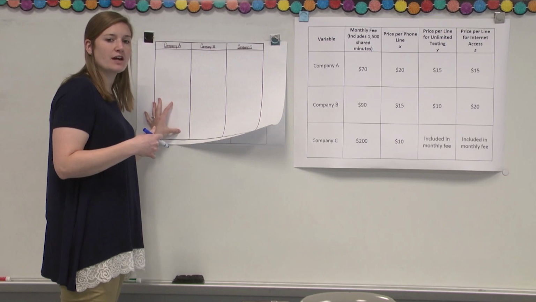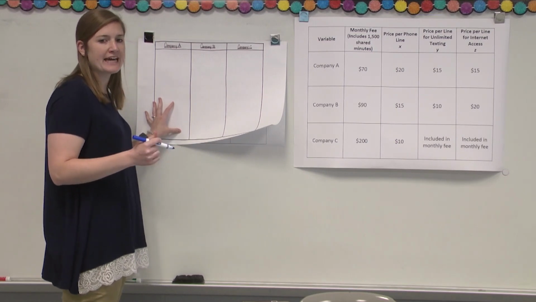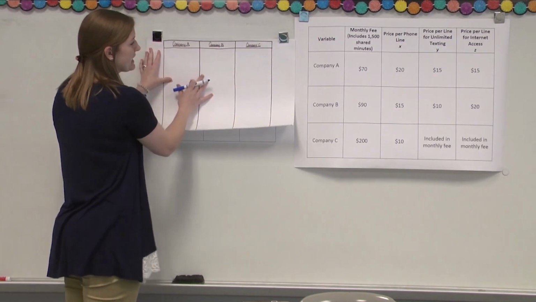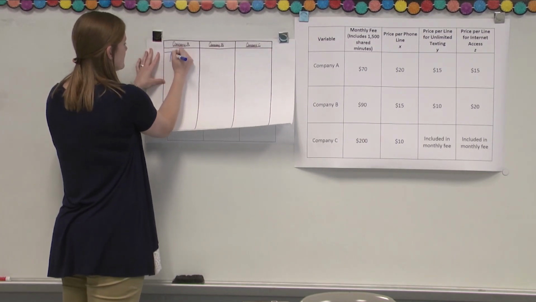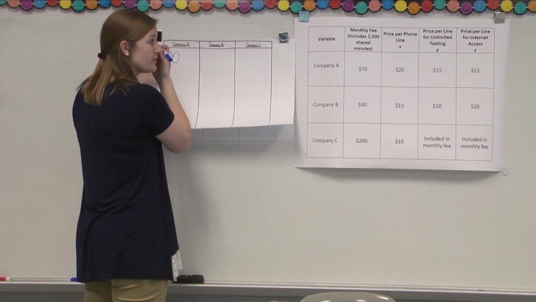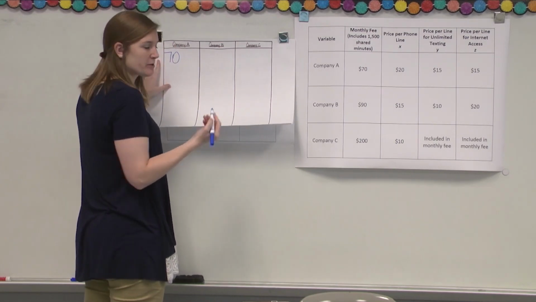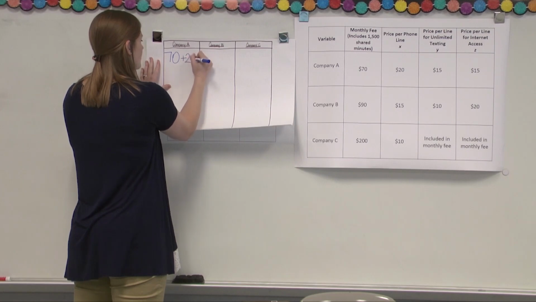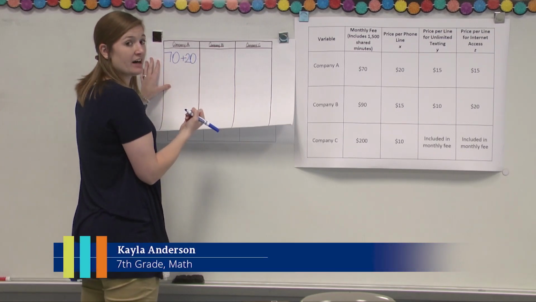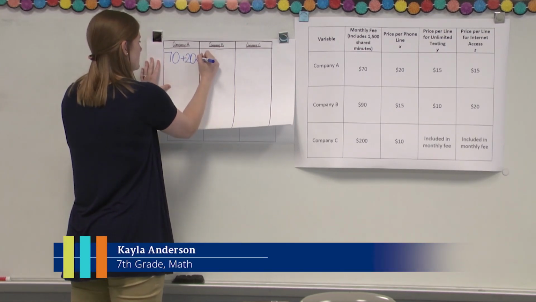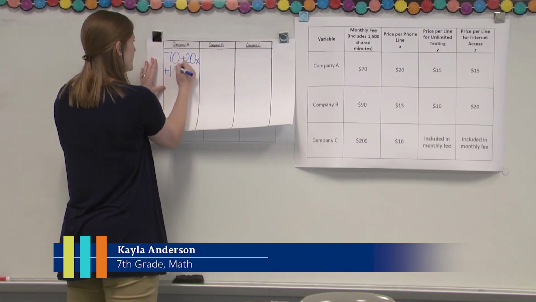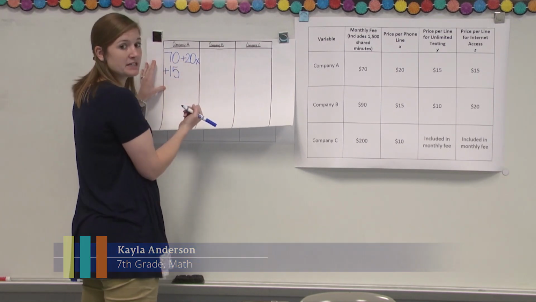Okay, so let's take a look at what you were able to come up with for Company A. To write an expression for Company A, I am going to have a $70 fee for the 1,500 shared minutes, plus $20 for every phone line, which I'm going to use X to represent, plus $15 per line for unlimited texting.